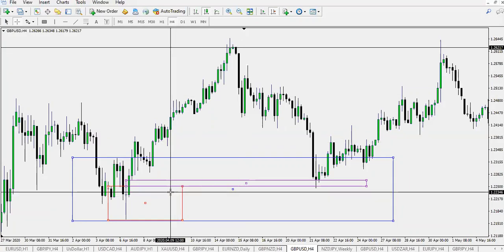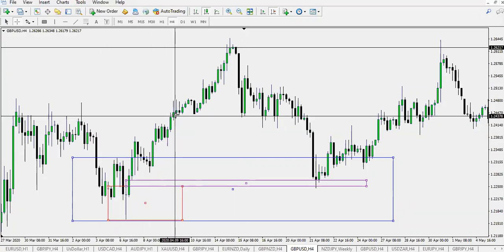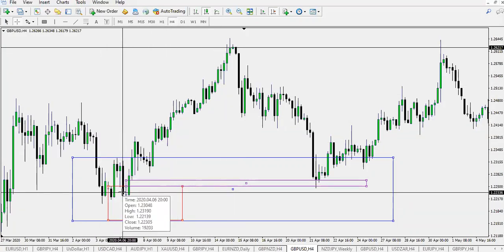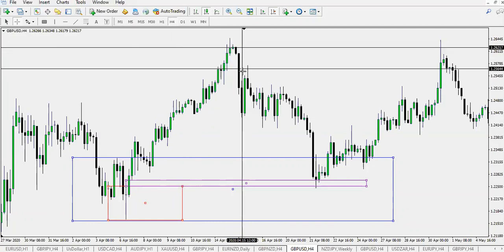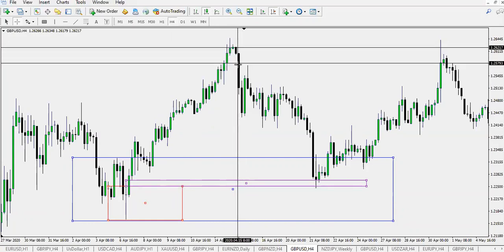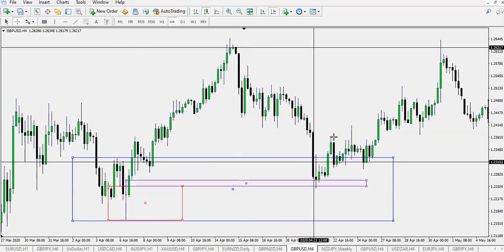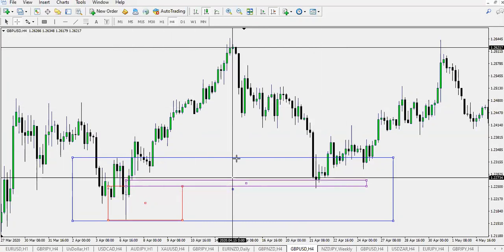In this example, they pushed price up, so they will want to push price up again, but they will not do that at the current market price. They will wait for price to come down, or even sell from the top and buy from the bottom, because they are buying at a discount.